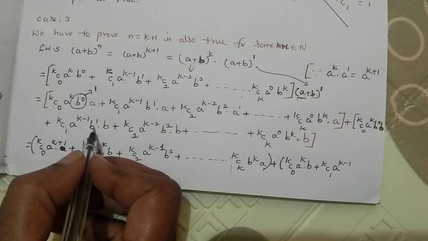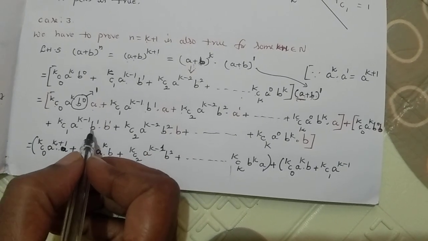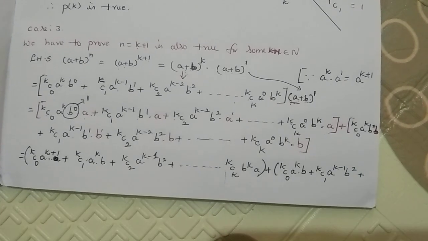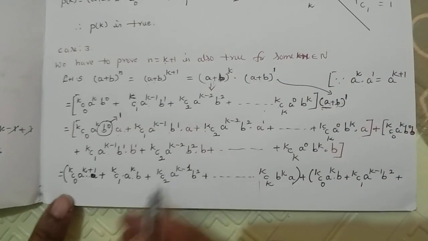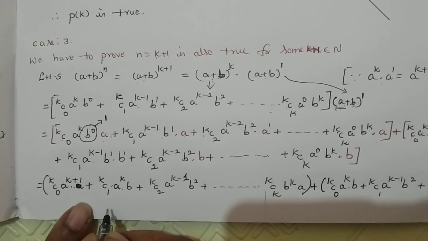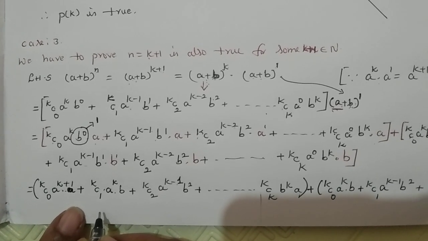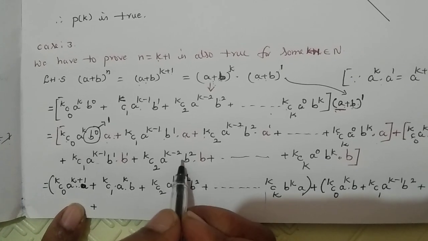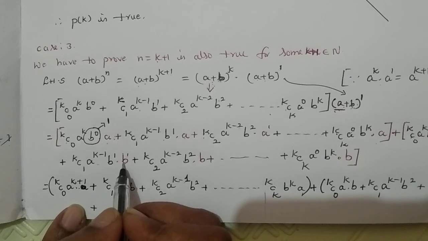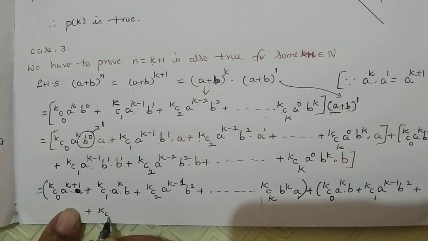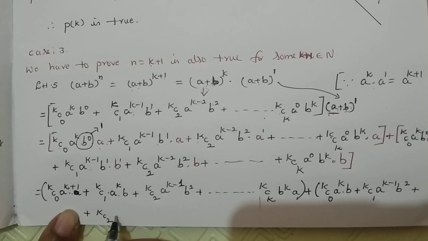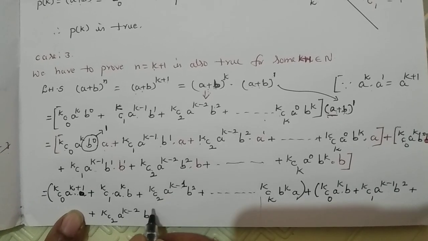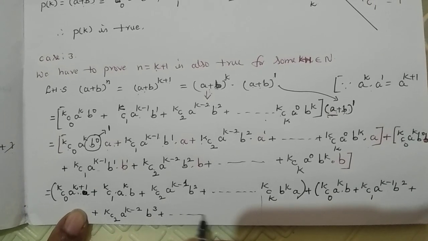Here b power 1 and nothing else means 1, so b into b gives b square. Plus, next step: kc2 a to the power of k minus 2, b square into b cube, and so on.